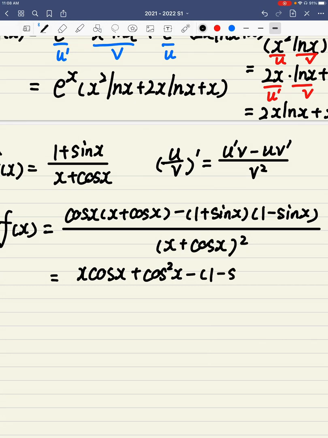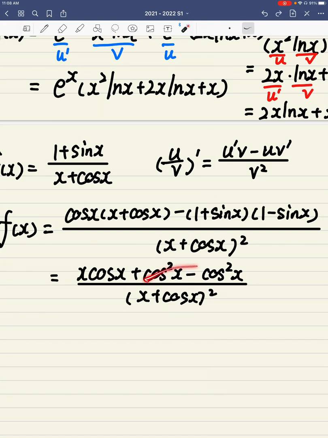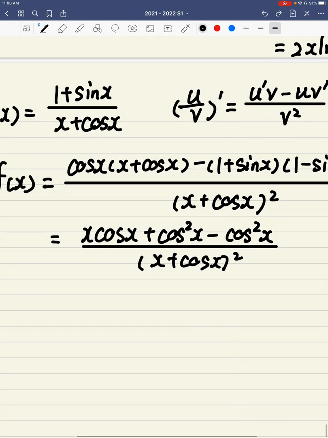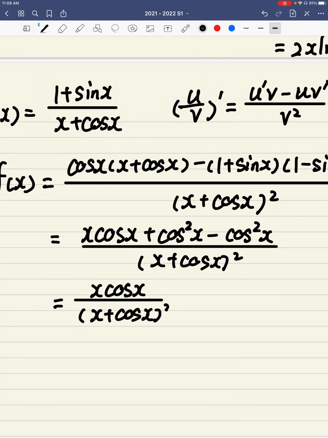The result is 1 minus sine squared x. 1 minus sine squared x is exactly cosine squared x. Bottom part, just copy. So these two parts cancel out. So it is x cosine x over (x plus cosine x) squared.